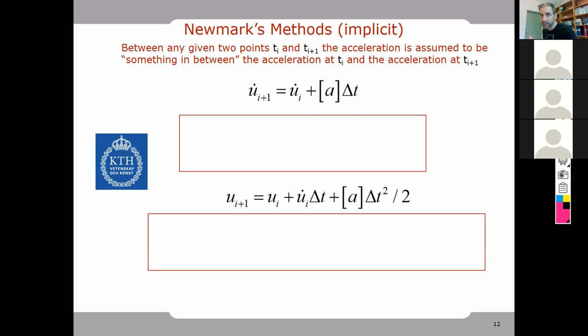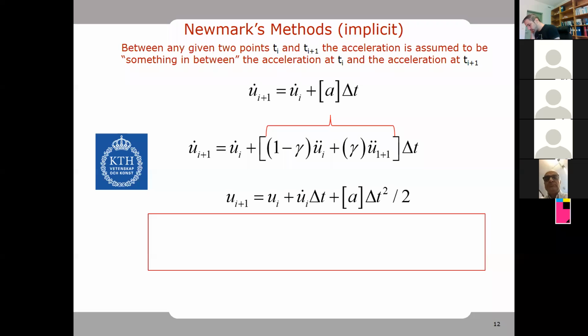That was Newmark's discovery, and that's why these kinds of methods are called Newmark's family of methods. Okay. All right, but how do we calculate this acceleration? Well, Newmark uses this formula for the acceleration, which looks complicated, but it's really very simple.